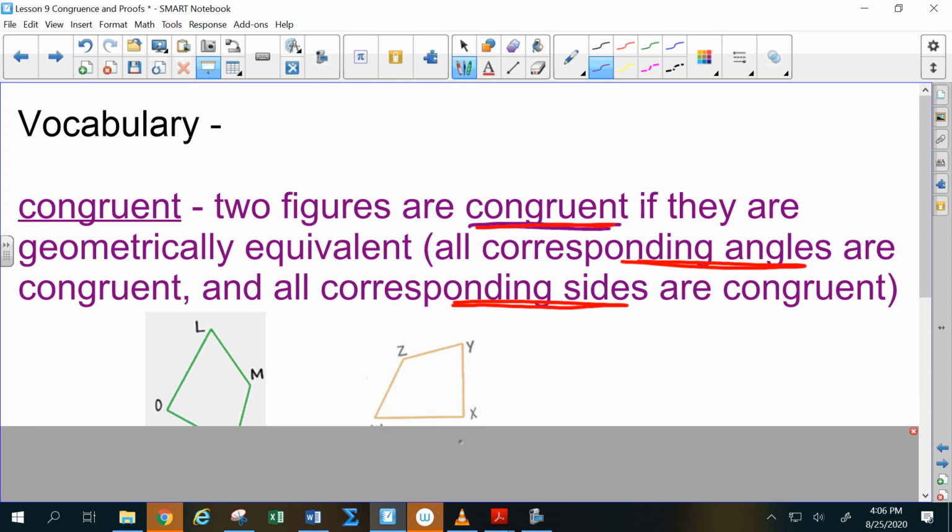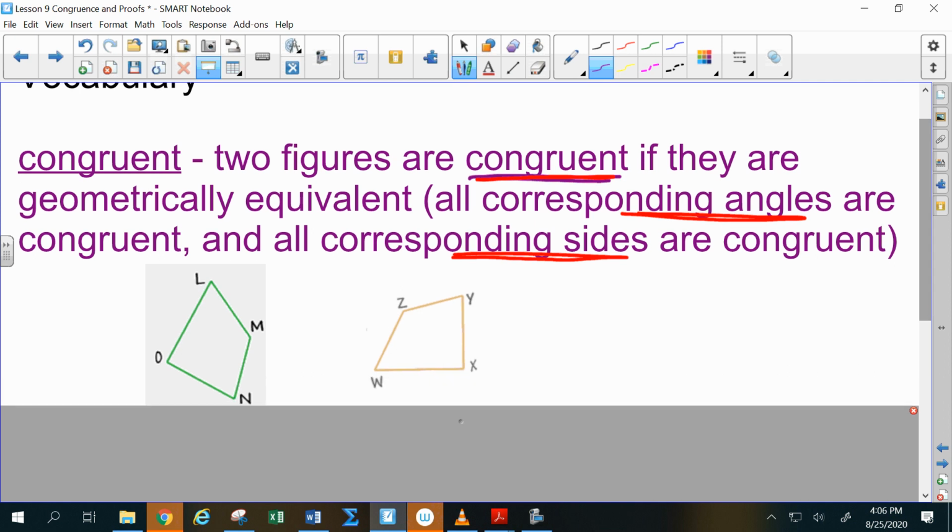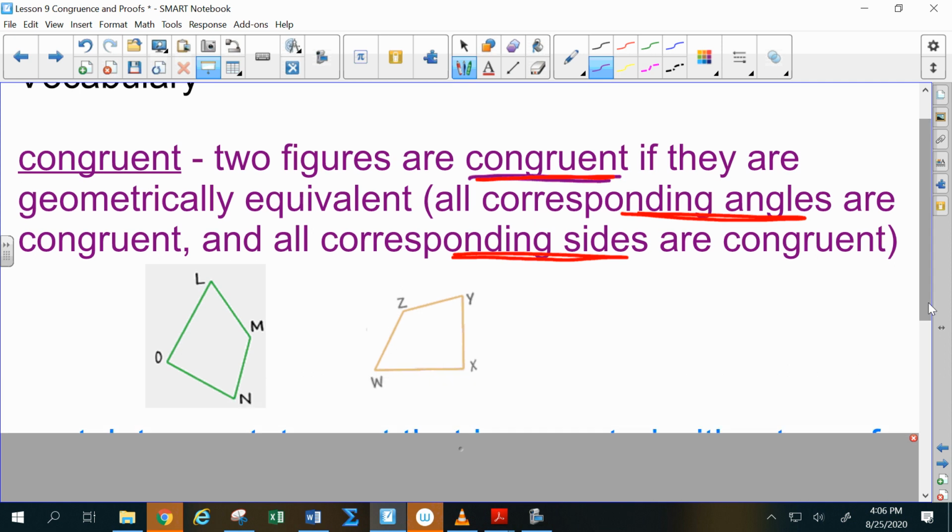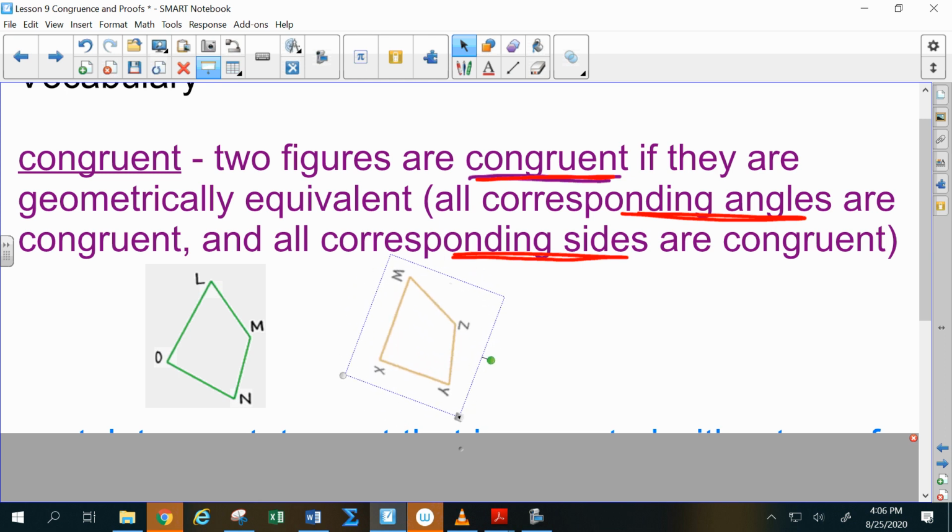So if we had two shapes such as you see here on the board, two quadrilaterals, we'd first have to figure out which angles match up. And to do that, we might want to spin them or flip them. So let's see what happens if I spin this one around. That looks pretty close.